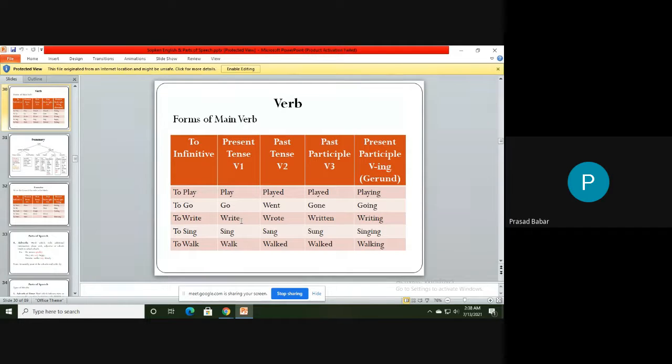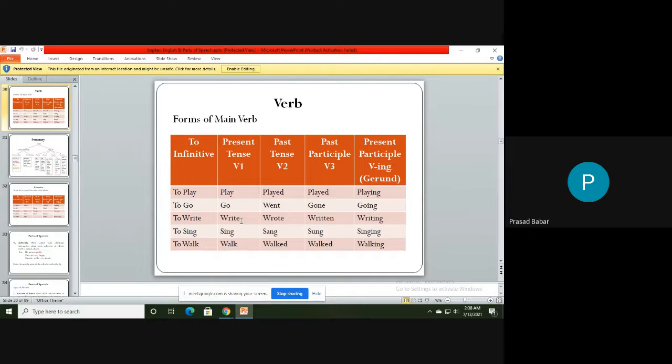For the infinitive form of a verb, we add to in front of that verb. So if we want to make the infinitive form of a verb, then we add to to that verb. So what are the examples? Let's take an example, play.